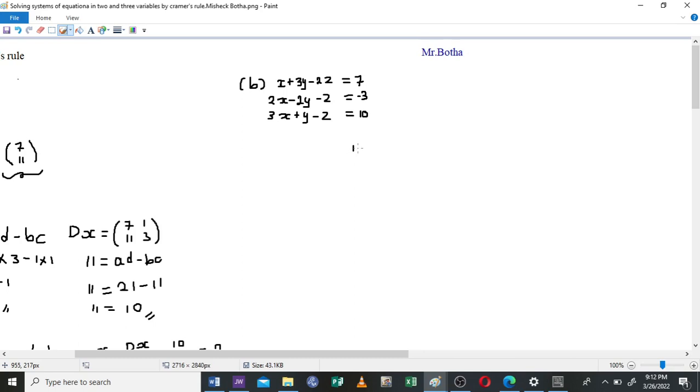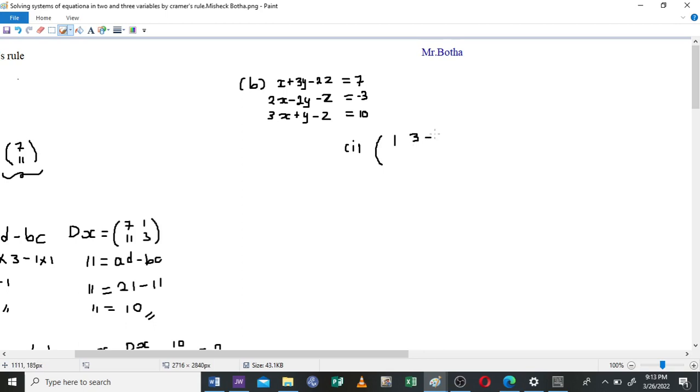So again, we just follow the same procedure. So what we want to do here is to write our matrix in... remember this is z here and not 2, okay? So this is z. So writing the coefficients, we have 1, we have 3, right?